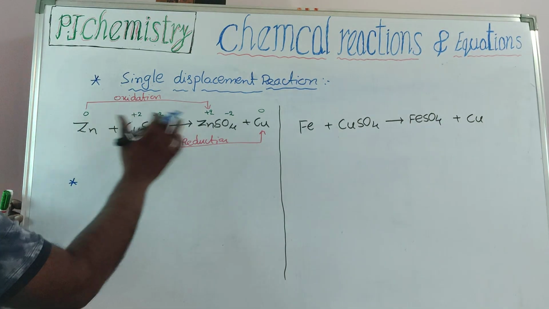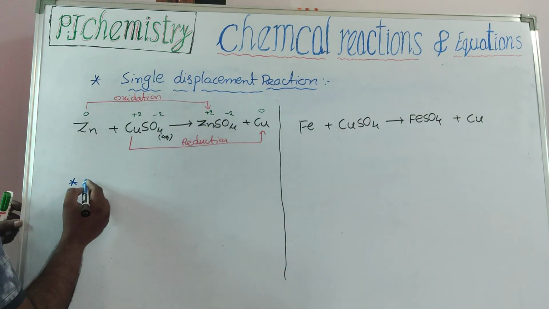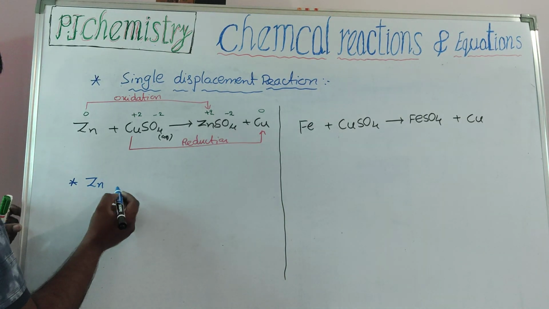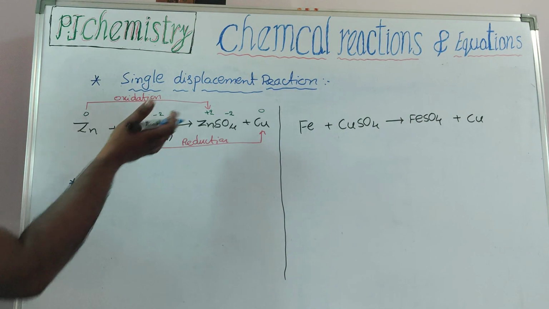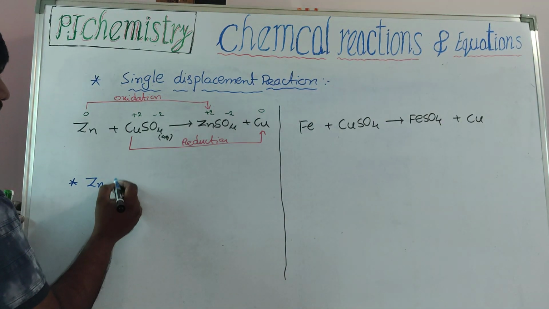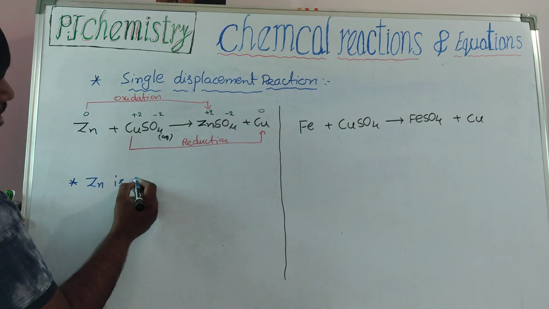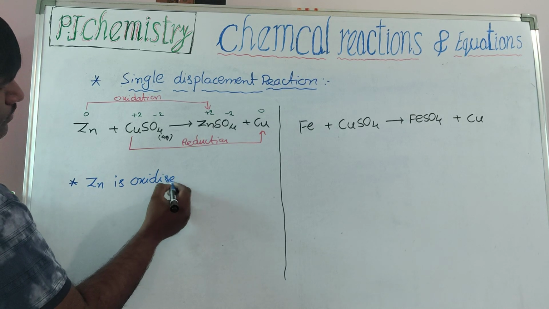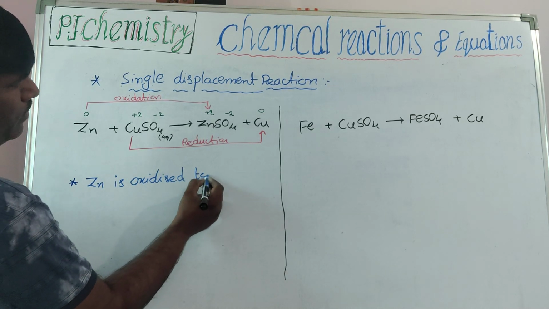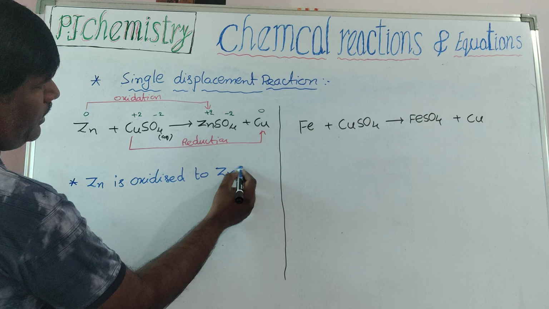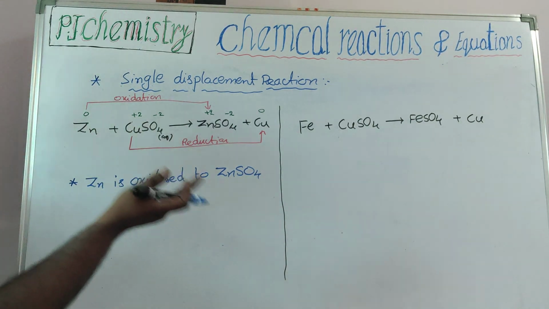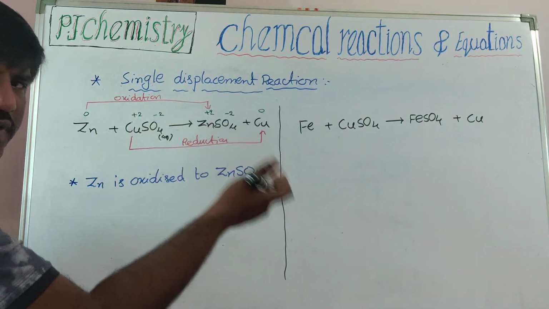Which is oxidized? Zinc is oxidized to zinc sulfate, ZnSO4. We should mention the increase in oxidation number, from where to where.